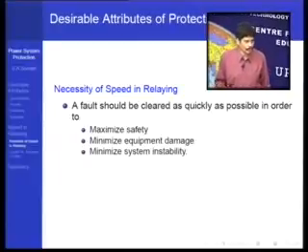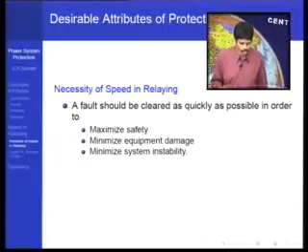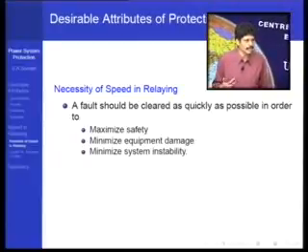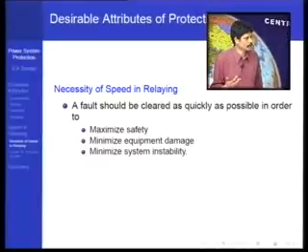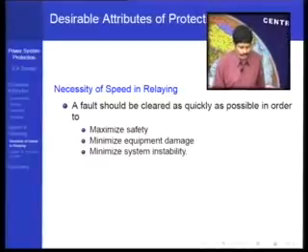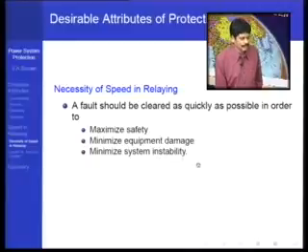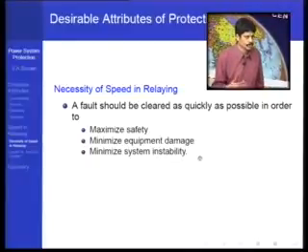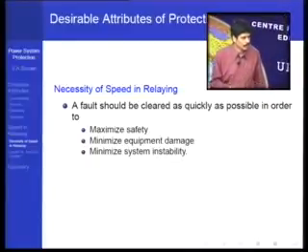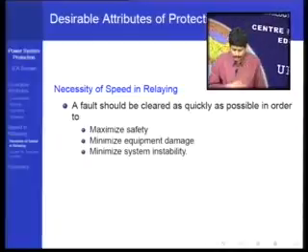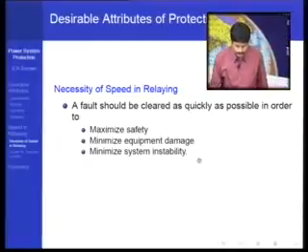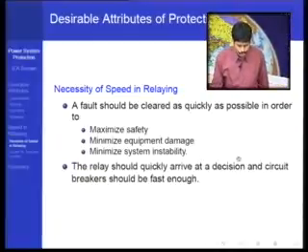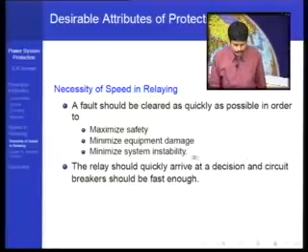So therefore speed becomes also important in a high voltage system. As your voltage level goes higher, the speed also becomes important, because a fault lasting there may create an instability due to significant acceleration of the rotors. So these are the three important issues that we need to worry about.